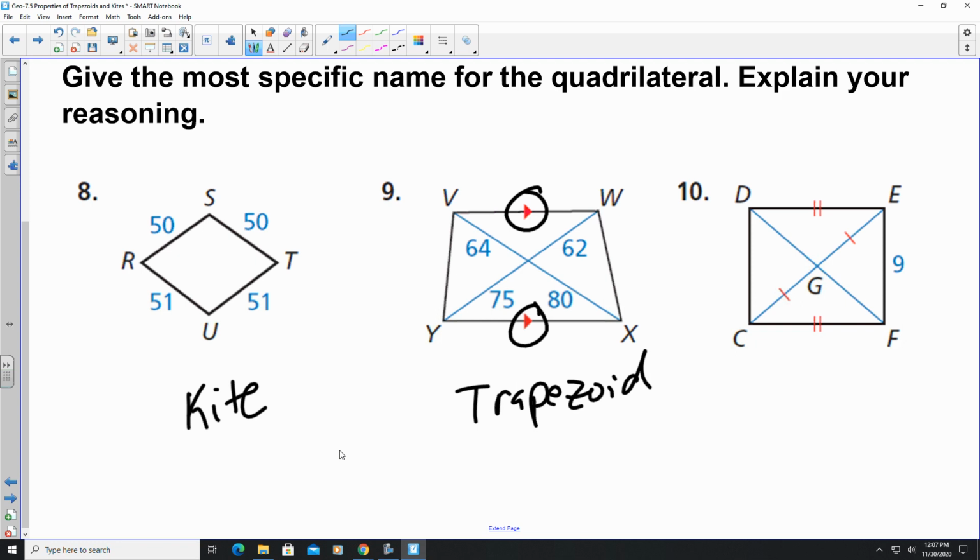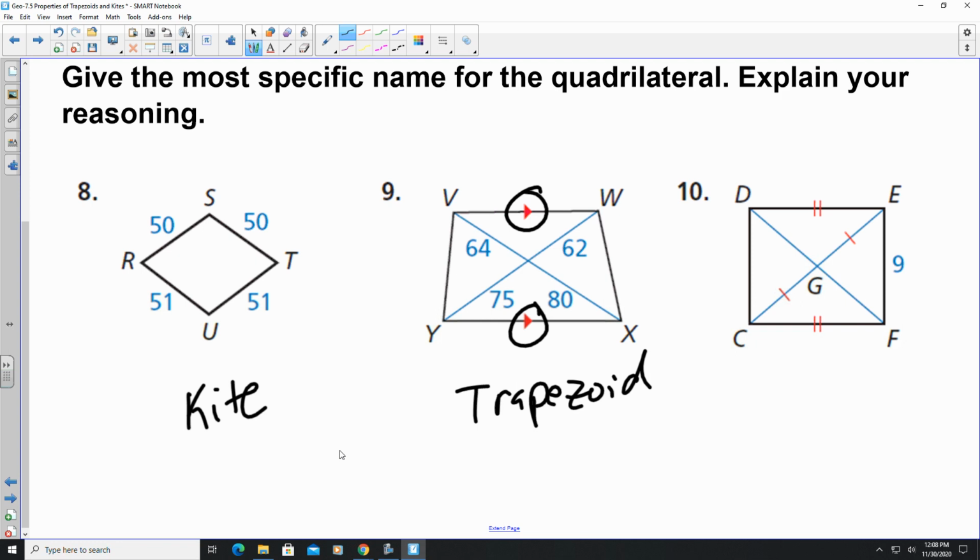I would guess that since they don't tell us anything of value, we only have one set of congruent sides.